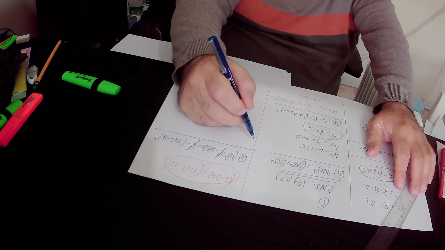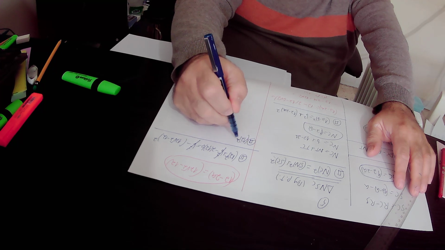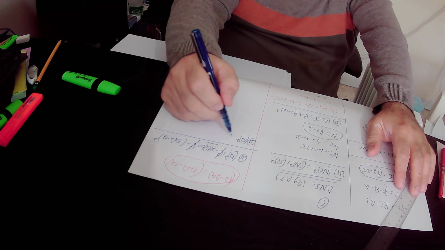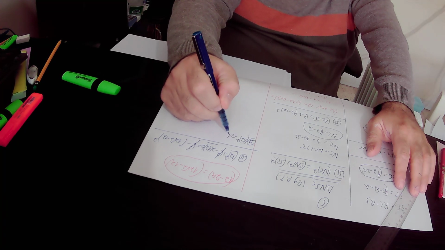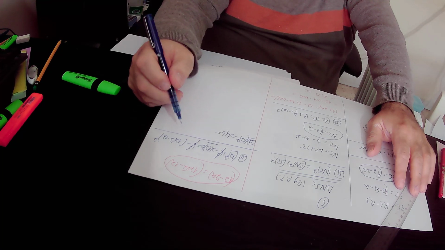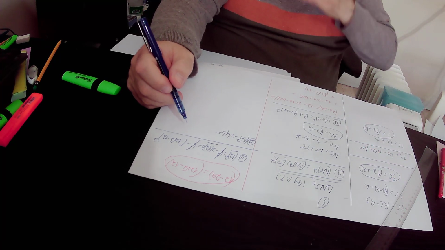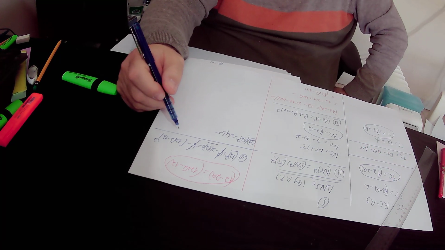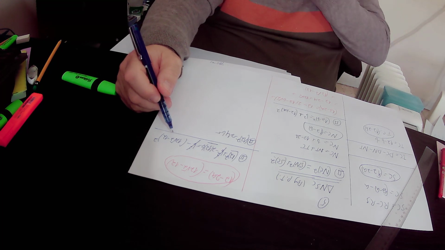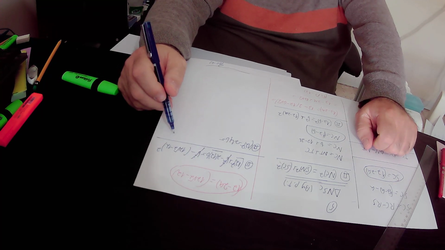So we got here 12 squared minus 2 times 12 is minus 24, B equals to, here we will take 12 is a common factor from this expression.